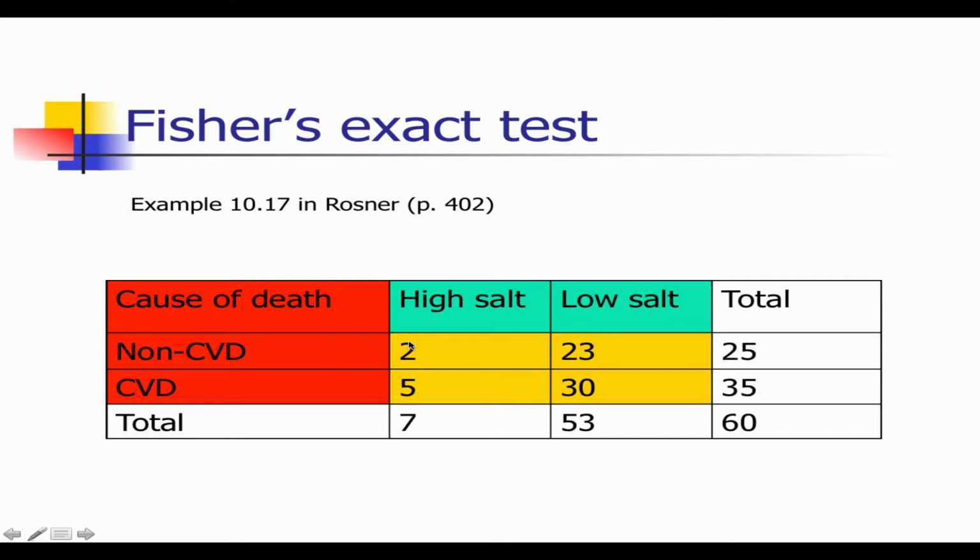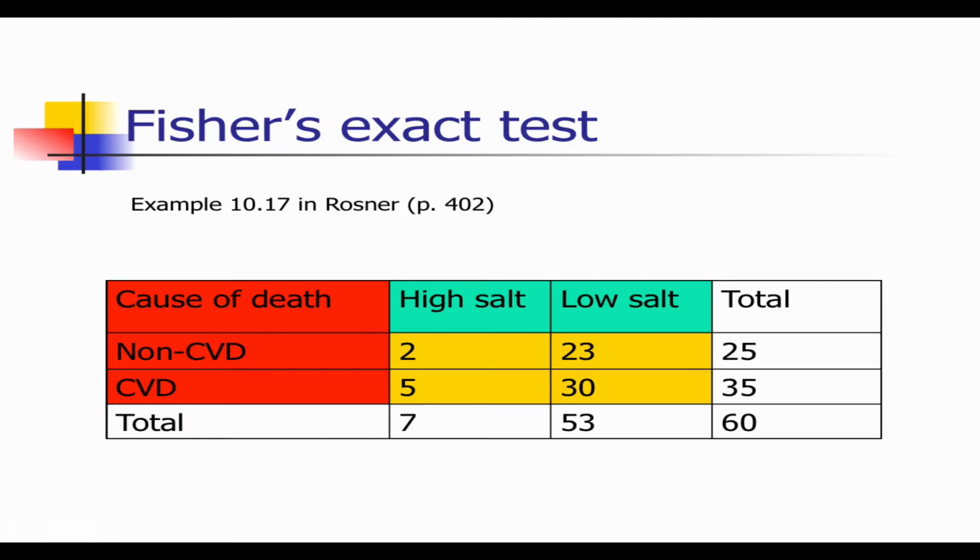And second, it seems you do have some evidence that the high salt diet has a higher likelihood of people dying of cardiovascular disease, because here you have more than double the number who died of cardiovascular disease, compared to this column that is roughly the same.